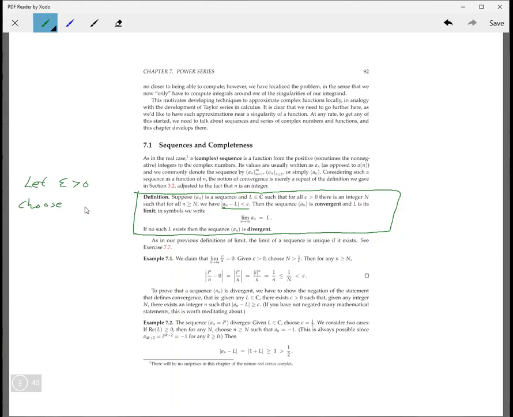Choose, and then what you're supposed to do, choose an n such that if little n is greater than or equal to big N, that implies a sub n minus L is less than epsilon.